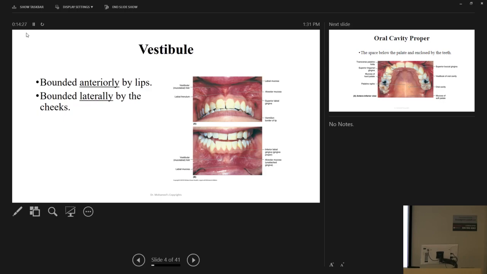The proper oral cavity is what's inside, what we see when we open the mouth and look inside. While the vestibule is this area here, anteriorly bounded by the lips and laterally by the cheeks. This area is the vestibule.